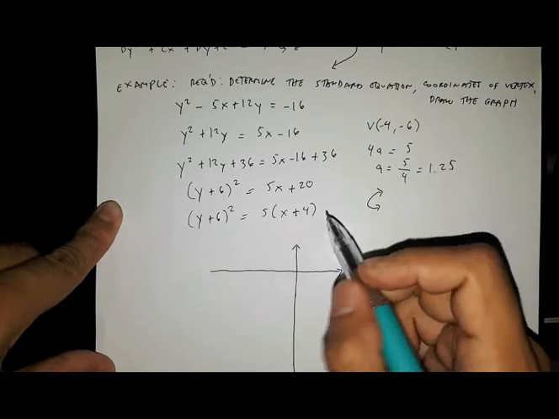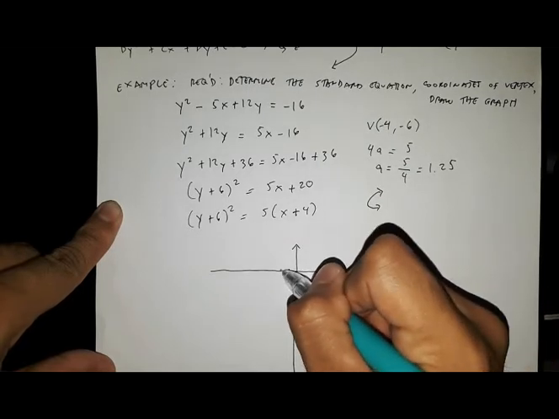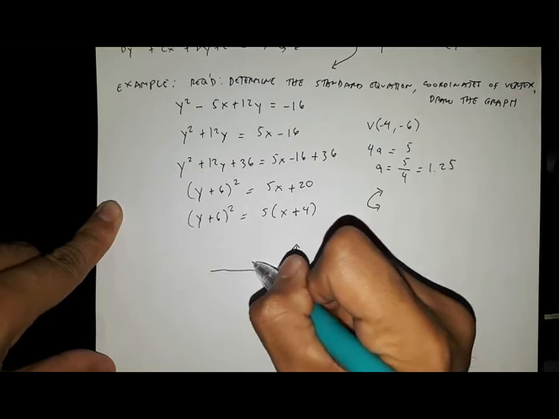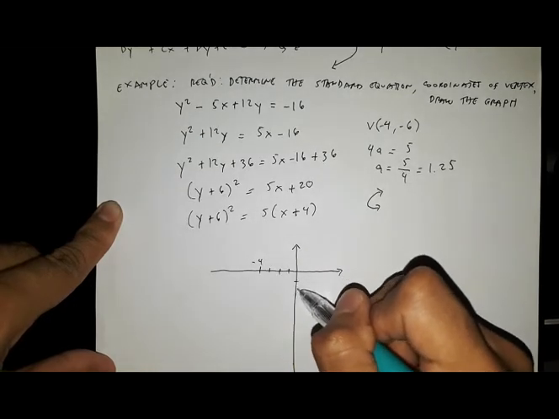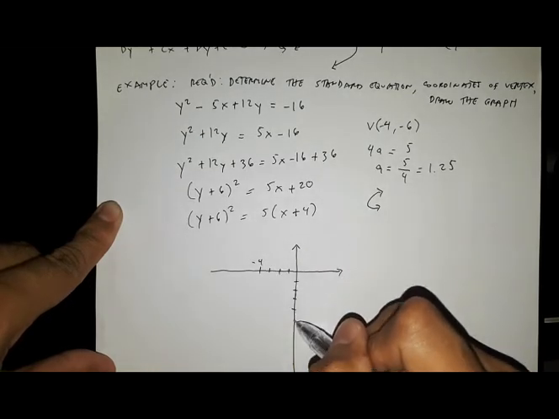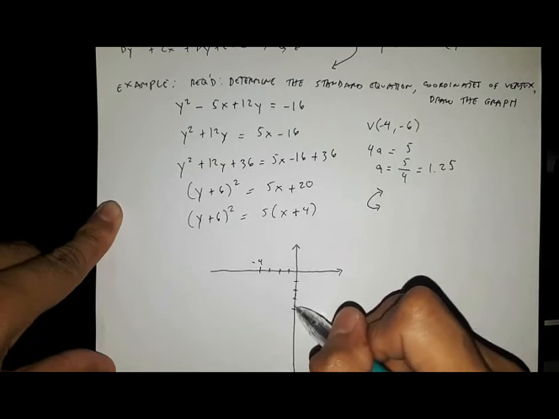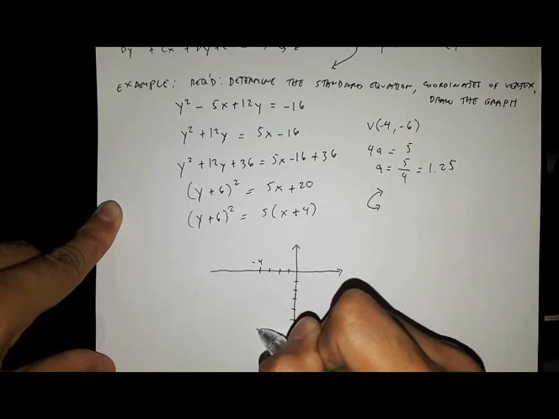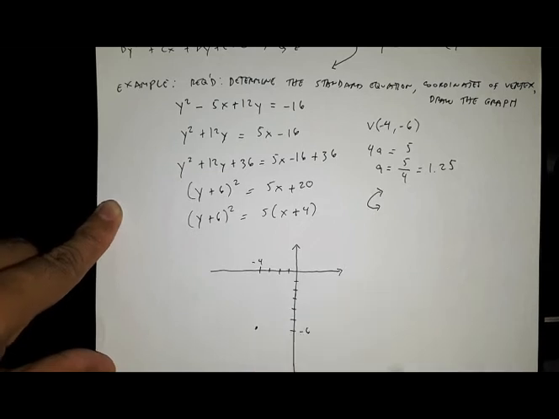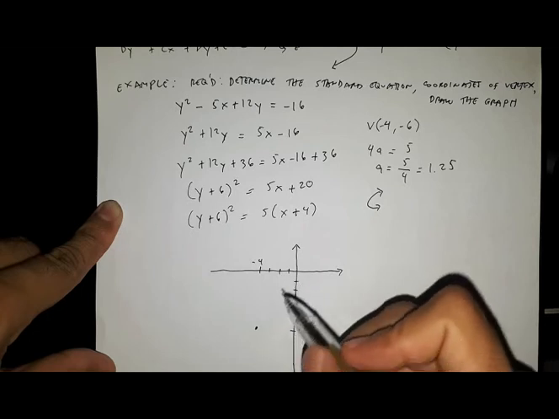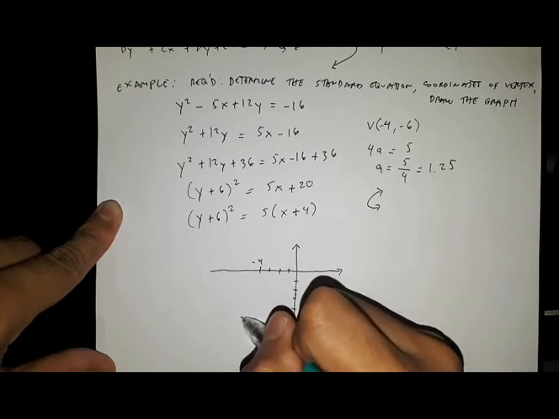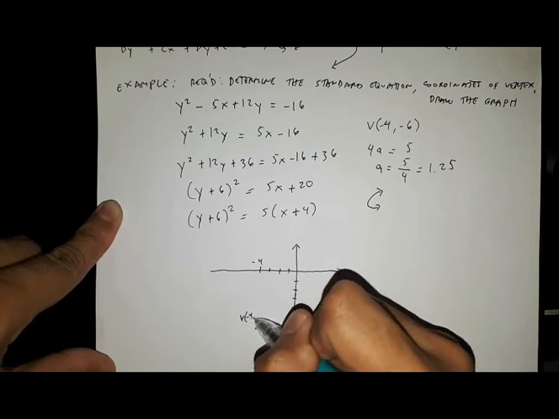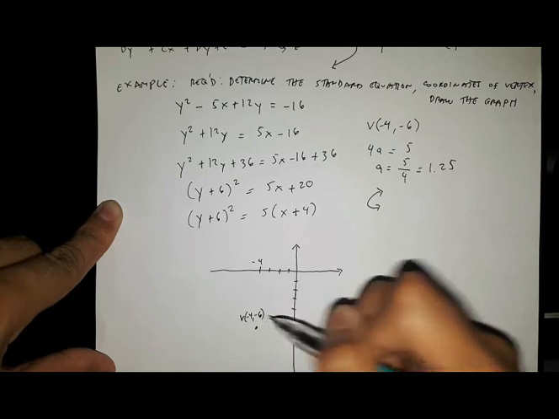Now we have for x negative 4. So this is your negative 4, and this is your 1, 2, 3, 4, 5, 6, negative 6. So this is the intersection. So this is your vertex at (negative 4, negative 6).